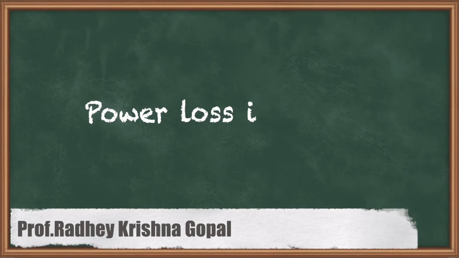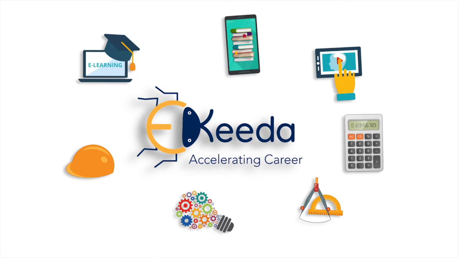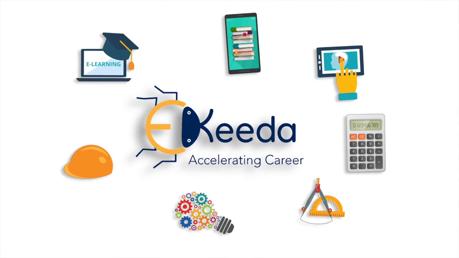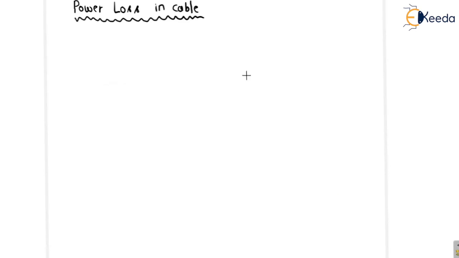Hello friends, now we are going to find out the power loss in a cable, basically in the insulation resistance. When we talk about the power loss, we know that if we have one cable here, the current flows like this.